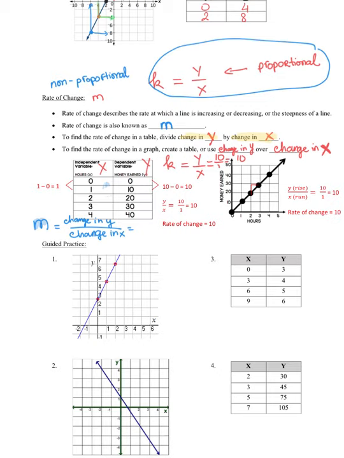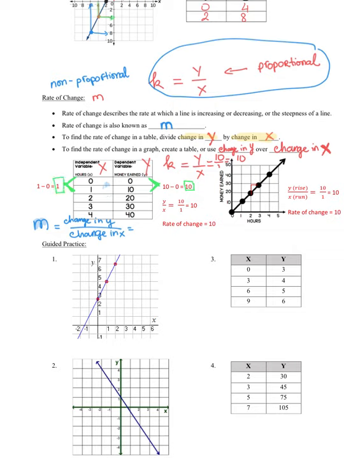So we can start at any point. For the first one, change in y is the difference between 10 and 0, which is 10. Okay, change in x is right here. The difference, change in x is 1 minus 0, which is 1.